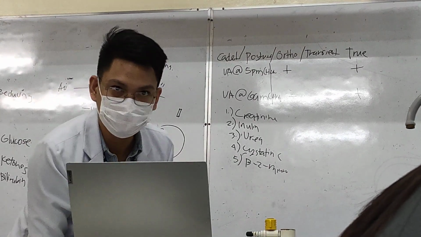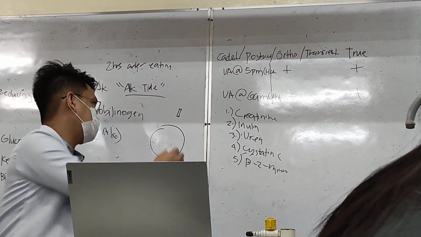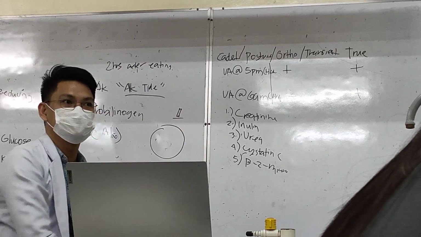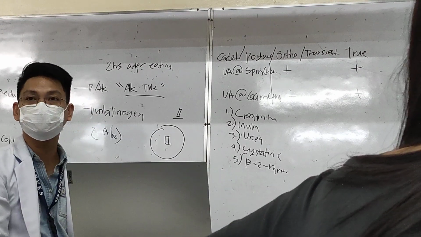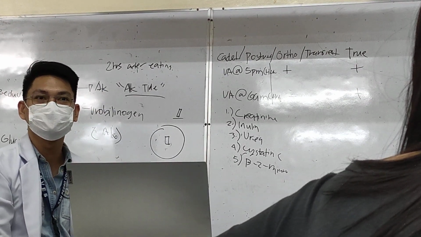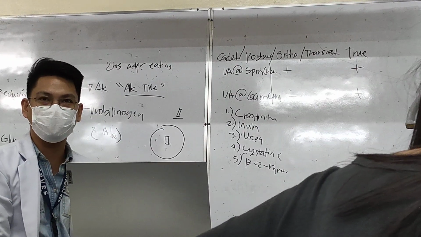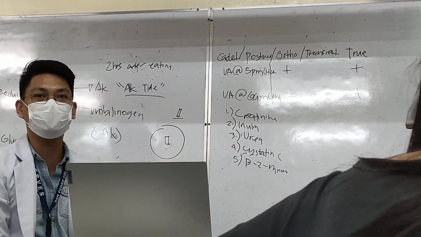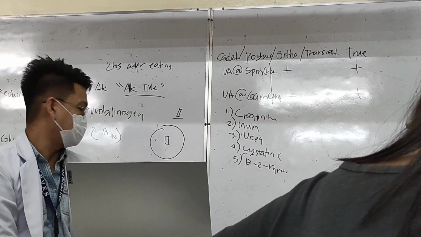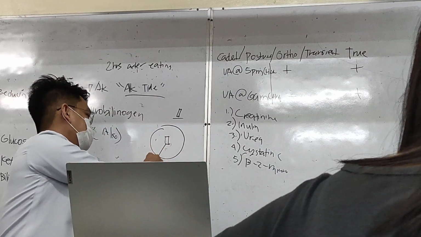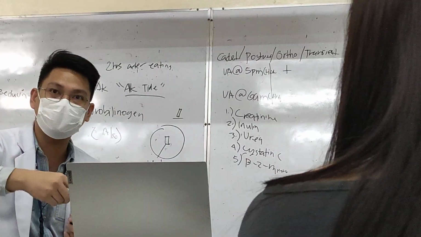For example, for urine, and also for the catheter tips, we smear them. We call this the Maki technique, or roll plate technique, where you roll the tip on the agar using your forceps.